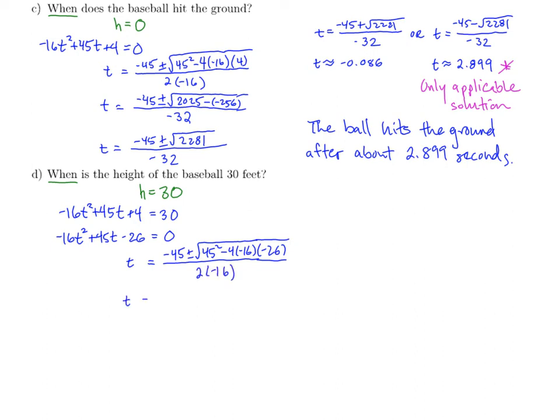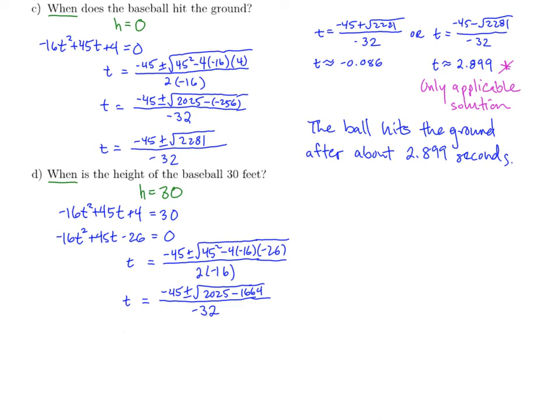Simplifying this, I'll use a calculator to simplify what's inside that radical. And so I'll get negative 45 plus or minus the square root of 2025 minus 1,664. And that's all still divided by negative 32 when I take 2 times negative 16.